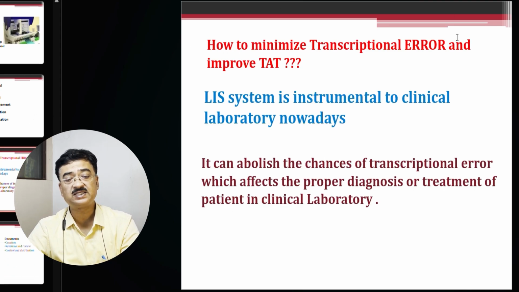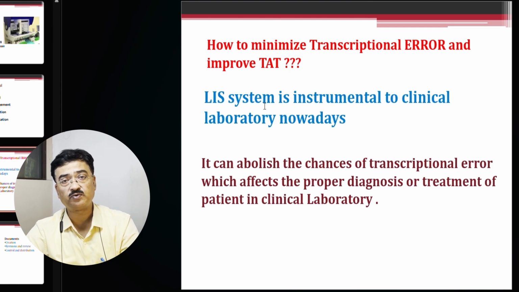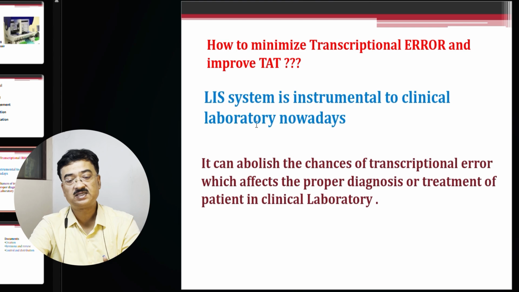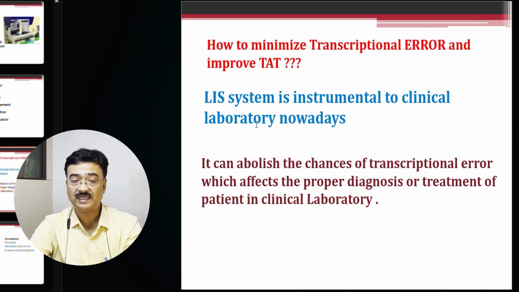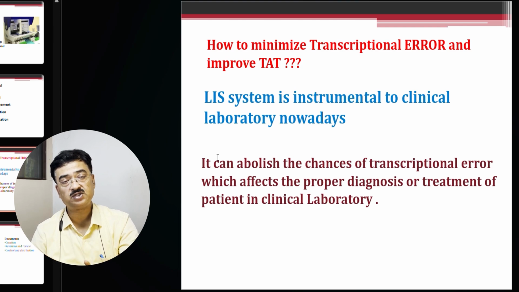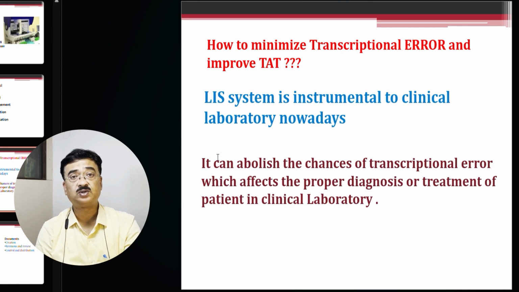Now, transcription error and TAT, how to improve. In the line of automation, there is a very good solution. You can use your LIS or HIMS, that means Laboratory Information System or Hospital Information System, where the machines automatically throw the results to the system.